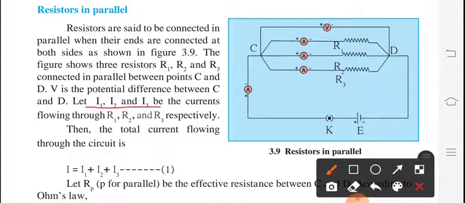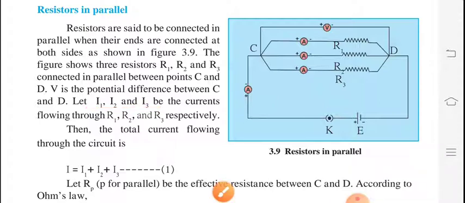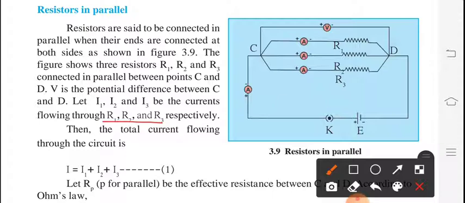Let I1, I2, I3 be the currents flowing through R1, R2, R3. In the previous experiment, voltage was distributed, V1, V2, V3. But in the parallel situation, current is going to get distributed, I1, I2, I3, with respect to R1, R2, R3.